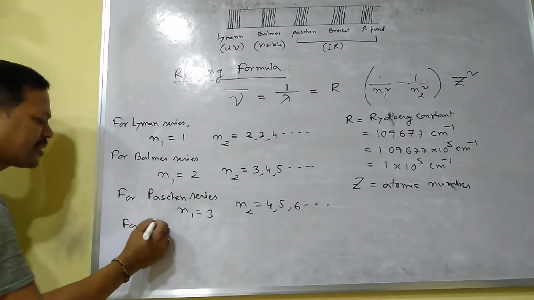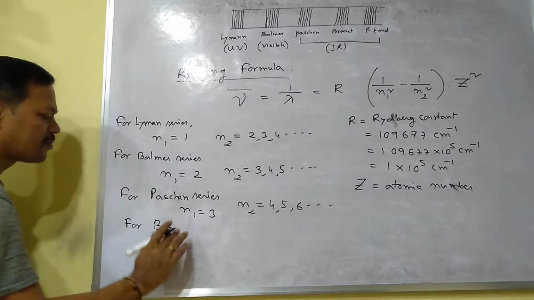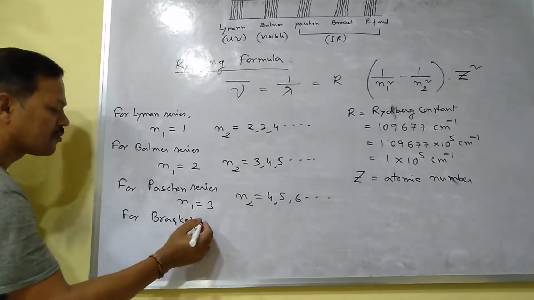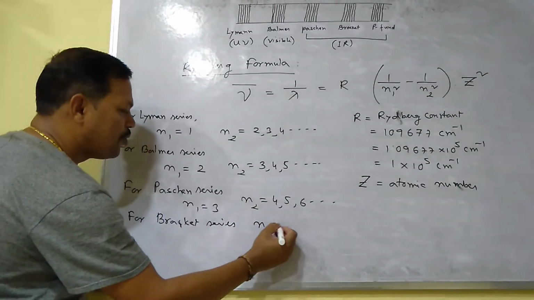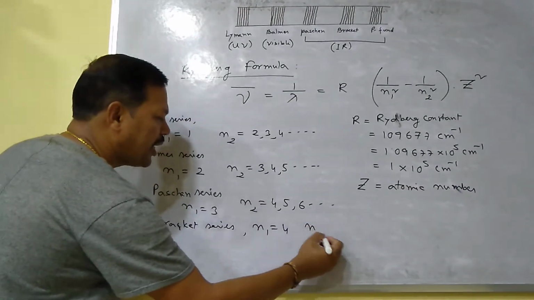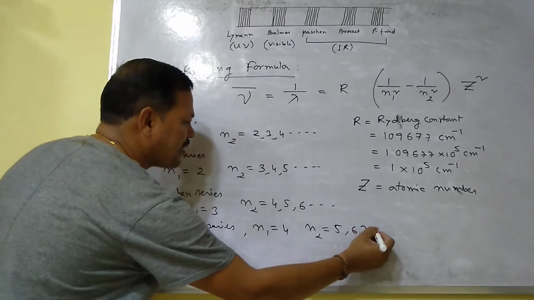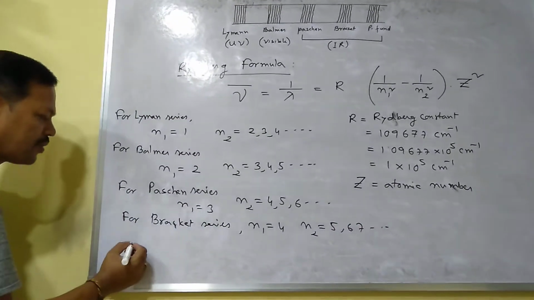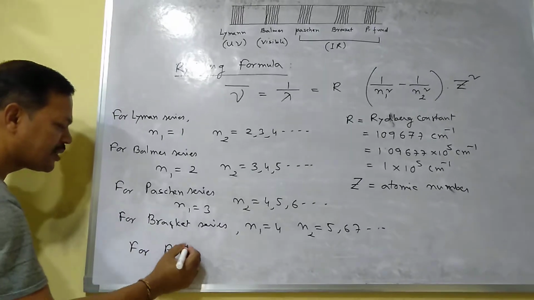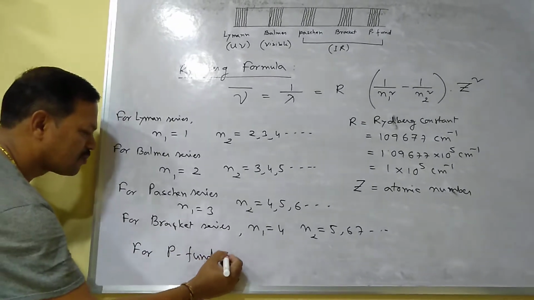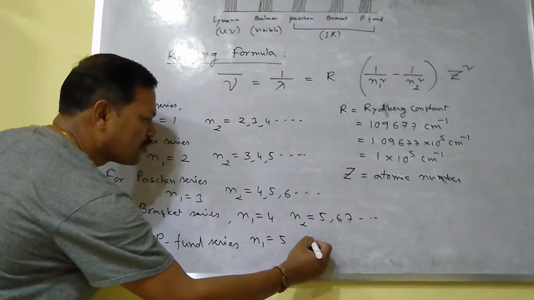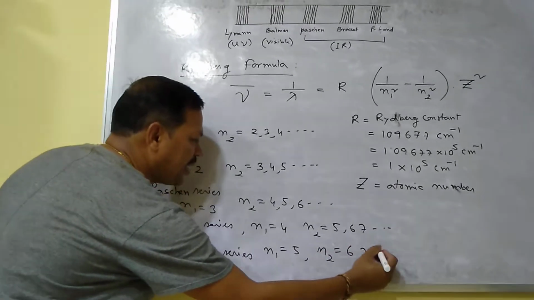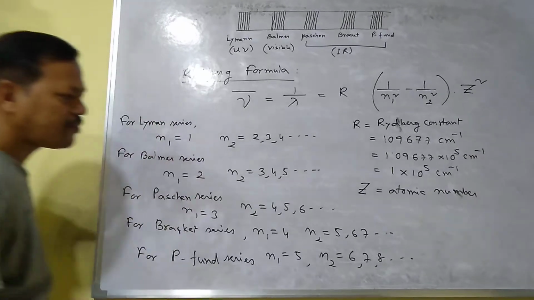For the Brackett series, n1 equals 4, and n2 may be 5, 6, 7, like that. And for the Pfund series, n1 equals 5, and n2 may be 6, 7, 8, like that.